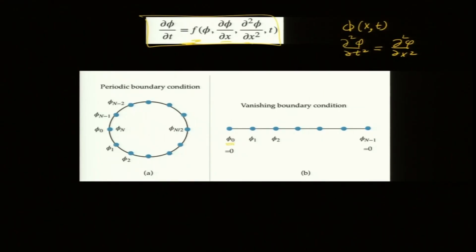Just look at it here, I discretize this into n points, from phi 0 to phi n minus 1, and these are locations. For this course we will choose the distance between neighbors as constant, equidistant points. If this length was L, delta x will be L by n.